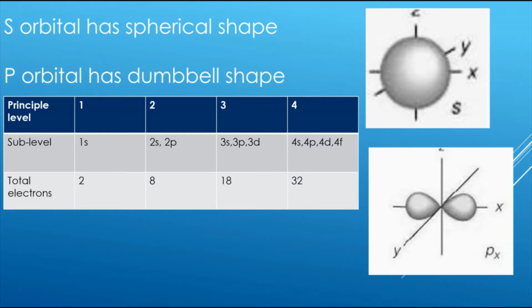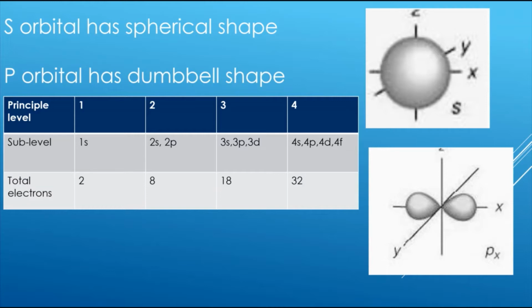For example, in principal level 1, we only have the 1S subshell. In 2, we add a 2P subshell. In 3, we add a 3D subshell, and in 4, we have a 4F as well. And therefore, the number of electrons goes from 2 to 32 from the first to the 4th principal level.